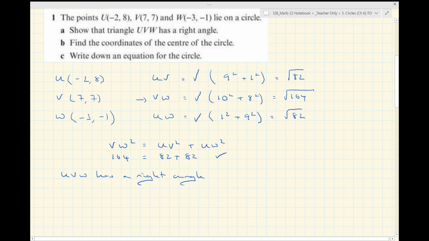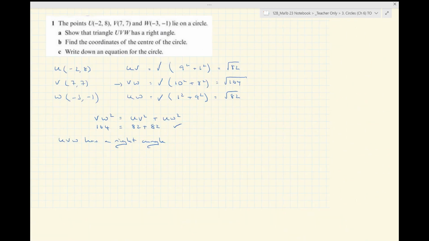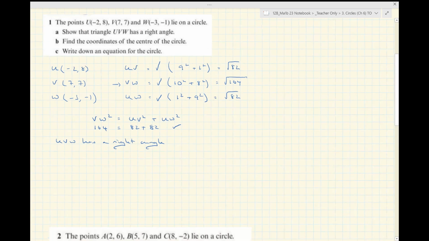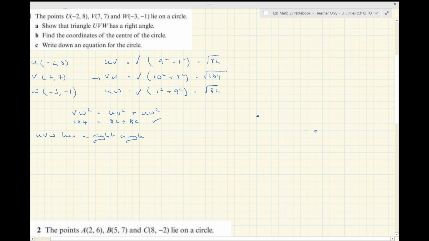Part B, find the coordinates of the centre of the circle. Because that triangle has a right angle, the longest side of the triangle, which is VW, must be the diameter of the circle, because only a triangle in a semicircle would have a right angle.